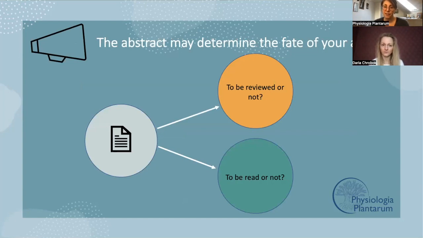The first thing that happens when we receive a manuscript is that we screen it, and then we send it to the editors. The first thing they will read is the abstract, and in some cases they will actually make a decision based on it.